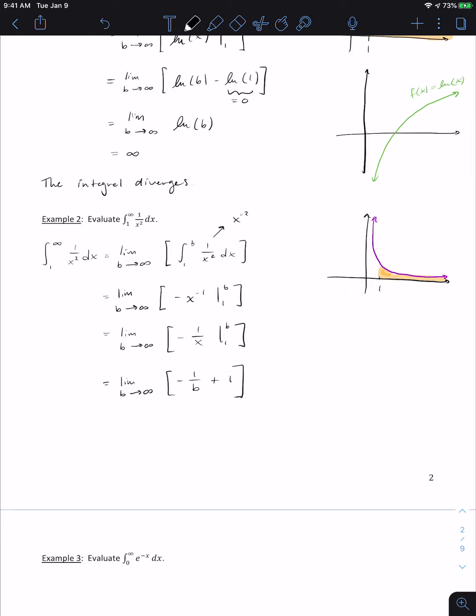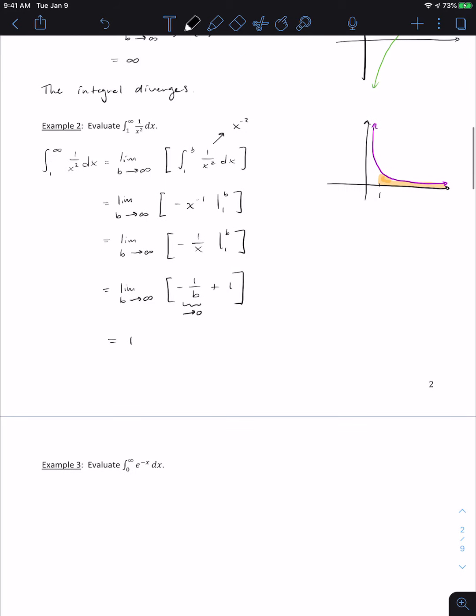Now, when I take the limit as b goes to infinity of negative 1 over b, I get a really big number in the denominator. In other words, this term goes to 0. So my limit is equal to 1. What does that mean? That means the integral that we were looking at converges to 1.